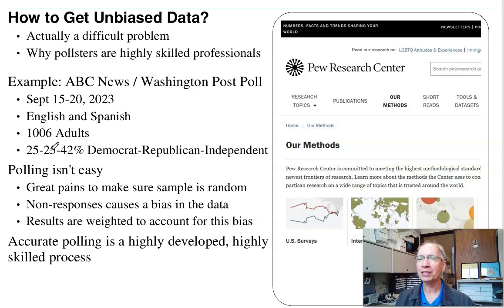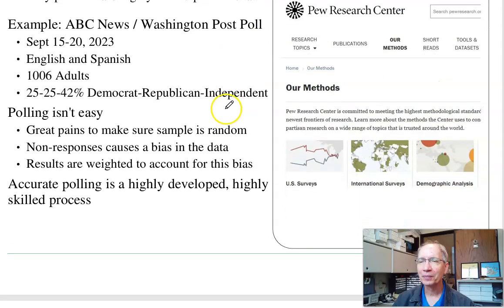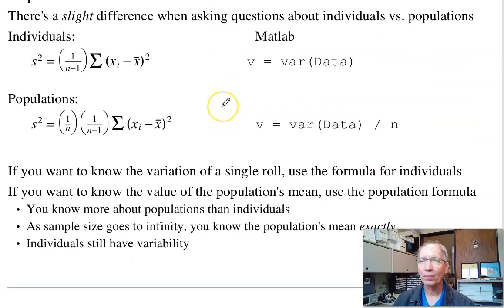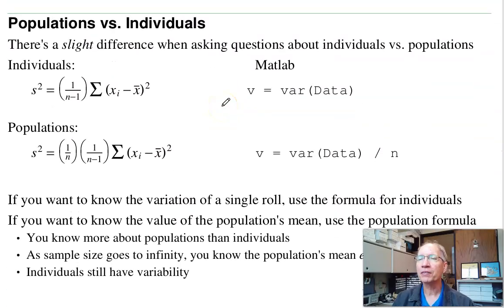How you do that is kind of an art form. It's part of the reason that accurate polling is a highly developed, highly skilled process. There's a reason people at the Pew Research Center are highly skilled professionals. It's not trivial. So that's kind of my idea of a t-test.